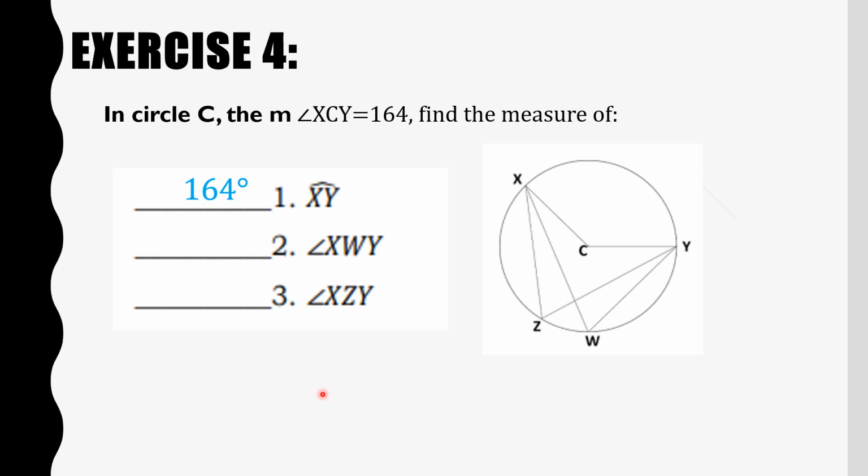That is why the measure of angle XWY is 82 degrees. Same is true with the measure of angle XZY. Since the intercepted arc is 164 degrees, we just get the half of it. So the measure of angle XZY is also 82 degrees.